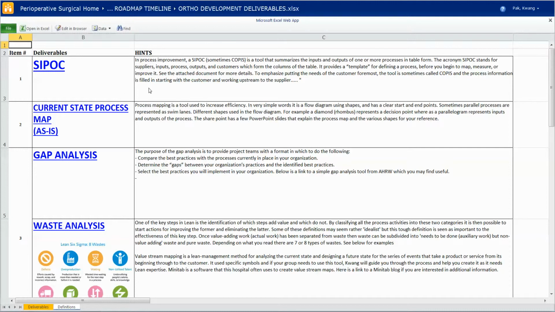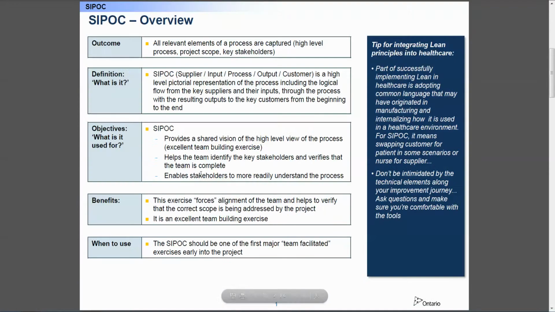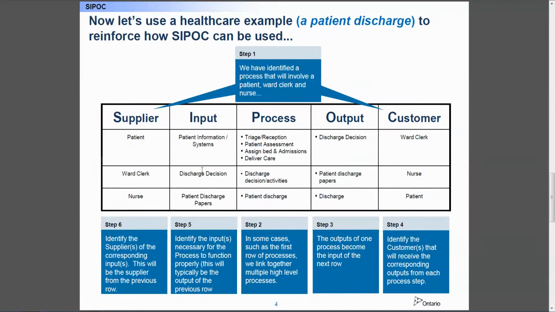So for example, if you wanted to get more information on what a SciPoc is and get some examples, you just take the cursor, click over anything that's in blue and underlined, and it should take you directly to another web page that will provide you even greater amounts of information associated with doing a SciPoc.